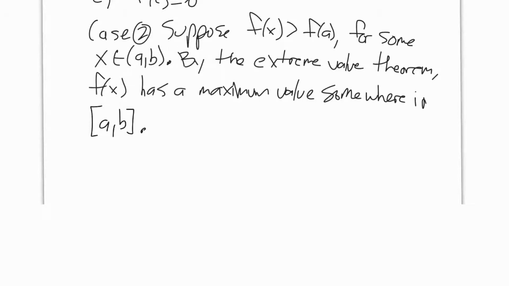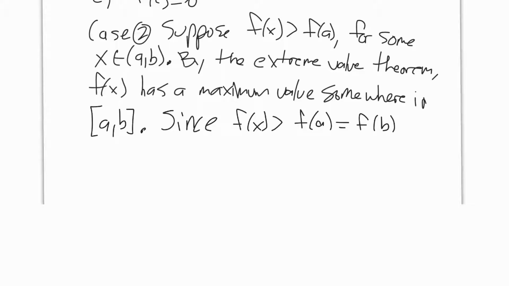So we could say, since f(x) is greater than f(a), which is equal to f(b). Right? If it goes up from the left endpoint, clearly that's going to be higher than the right endpoint. So what this means is that the graph goes up, and it has a maximum. So this maximum value is not at the endpoints. That's the key right here. The maximum value cannot be at one of the endpoints.